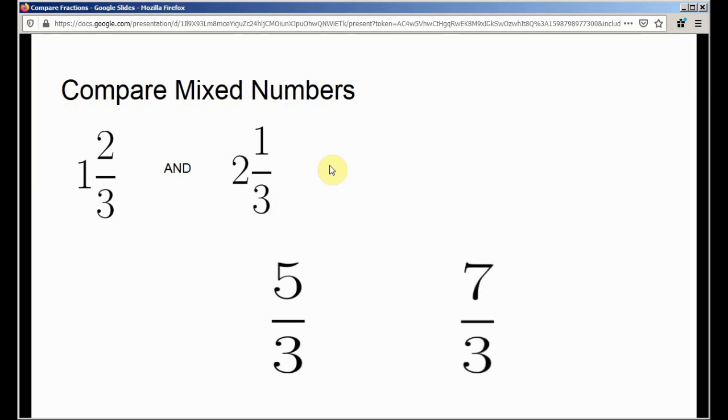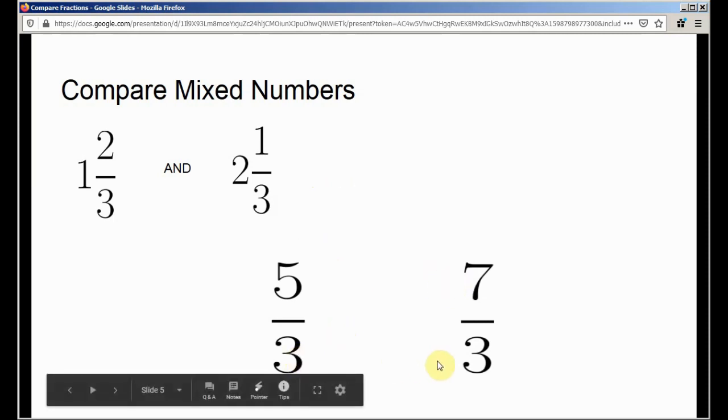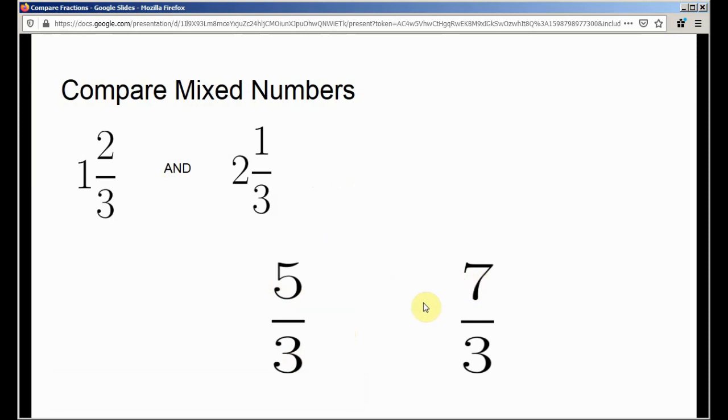Now, looking at these fractions, it's very easy to identify the bigger one. All you have to do is check the numerator, because the denominator is the same. Whichever is bigger is the greatest fraction, so 7 by 3 is the greater fraction.